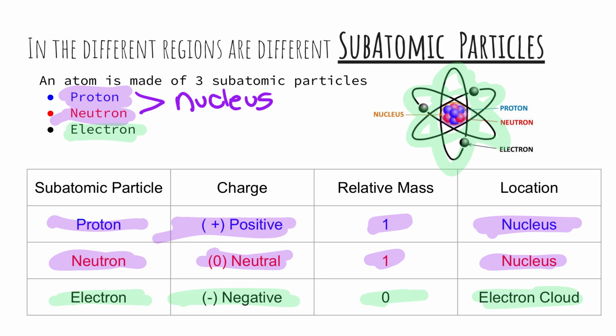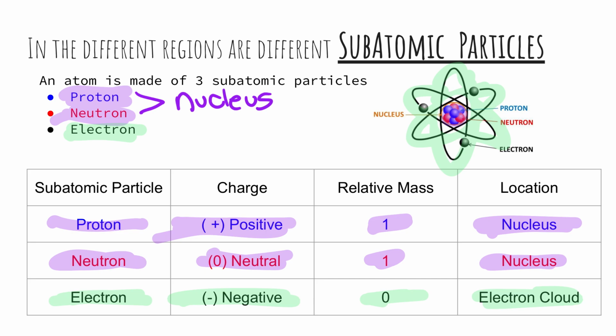So if you think about the relative mass, electrons have very, very tiny mass compared to a proton and neutron. So when we're comparing the two, the electron has no mass and the proton and neutron each have their own mass of 1. A relative mass. If you take AP chemistry, you'll find out the true mass of the protons, neutrons and electrons.